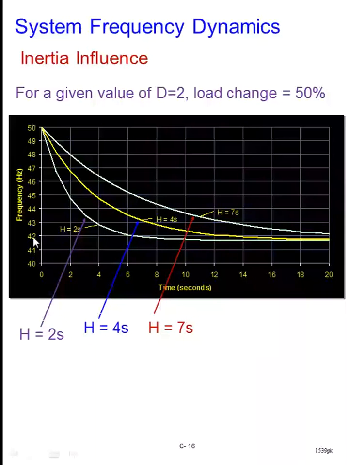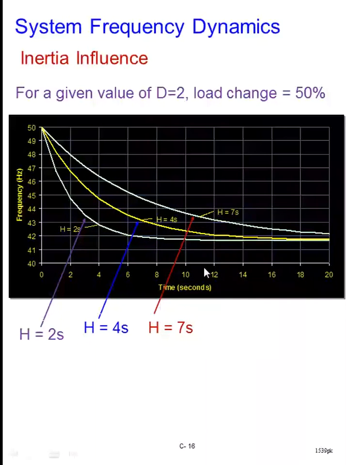However, with higher inertia, the drop in the frequency is slower. The slope of the frequency decay is comparatively less significant. Similarly, with much more inertia, for the same percentage increase in load, the drop in the frequency is still slower. That means you have this much time available to regulate the frequency back to the nominal value.